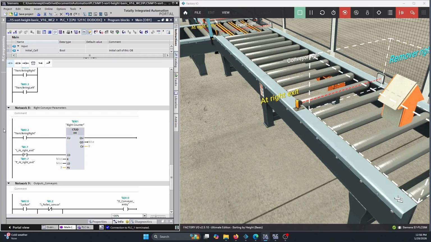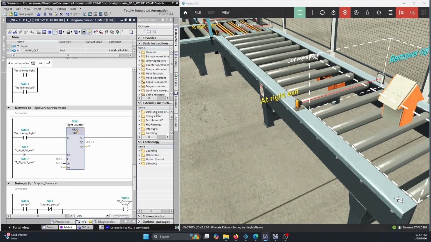Beautiful. So transferring right is going to count up, right? And then once it actually exits with the positive pulse, it's going to go positive, negative, positive. So once it goes positive again, it's going to count down here. And we need this to count down, but we need it to not go negative, right? So instructions, and we want to look at comparator operations.